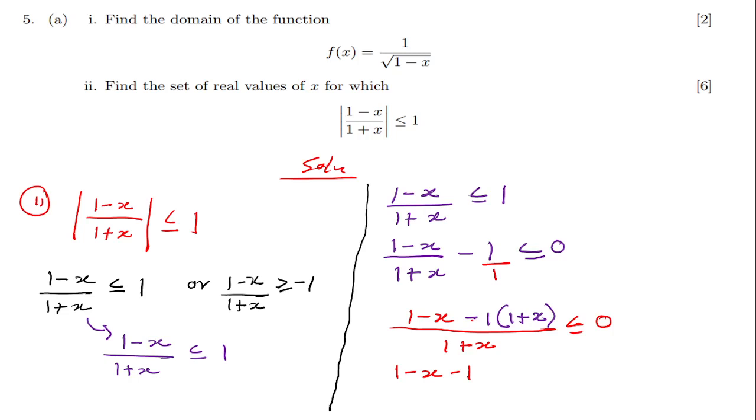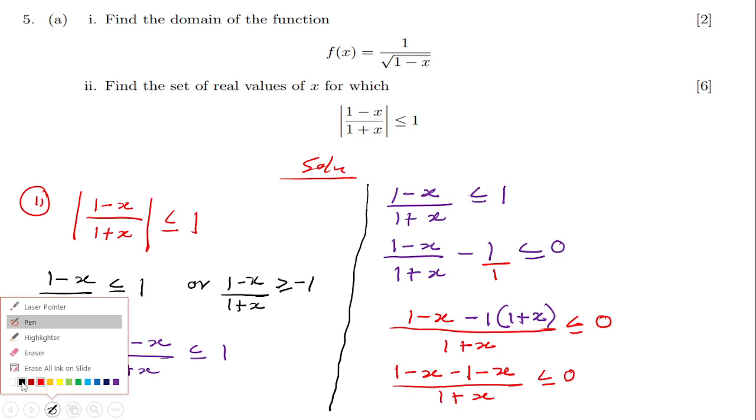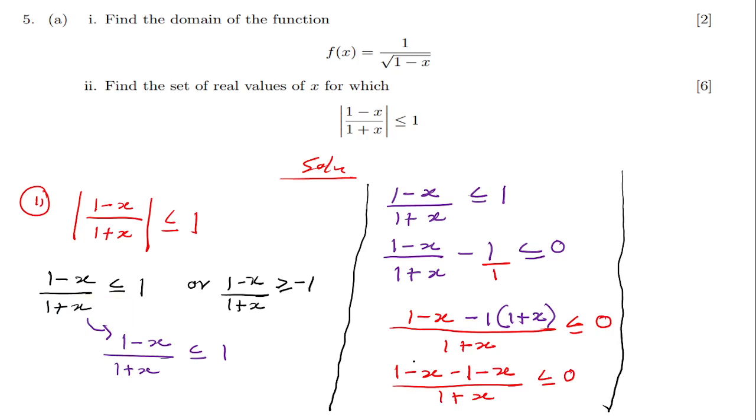When you work out these guys here, you're going to find that the numerator, this guy and that guy will go, and the topmost will be negative 2x over 1 plus x less than or equal to 0. So this is what you are going to have.